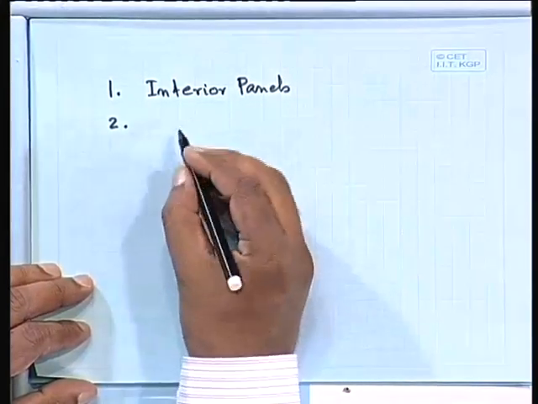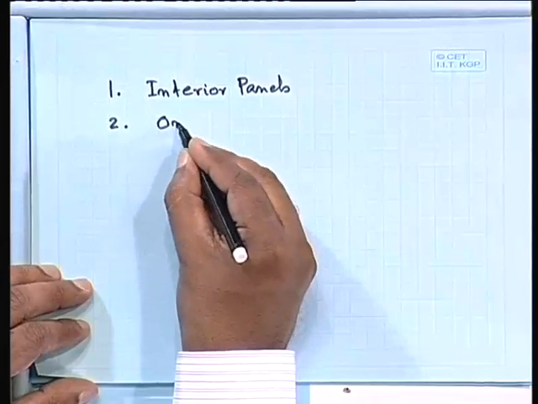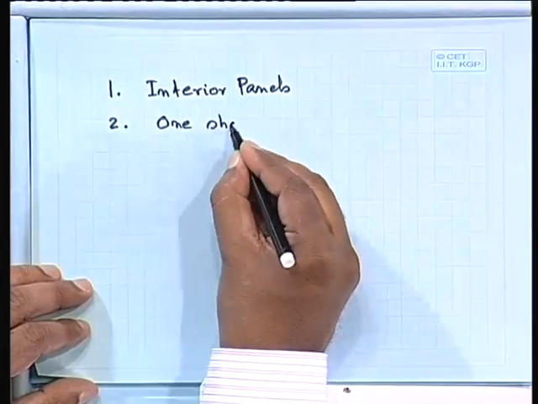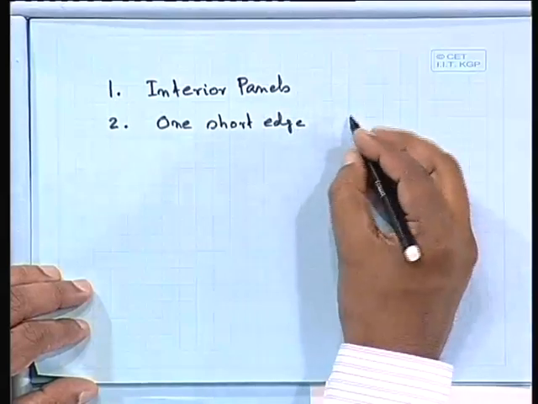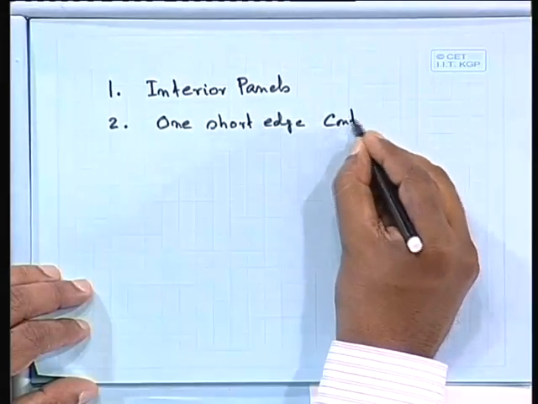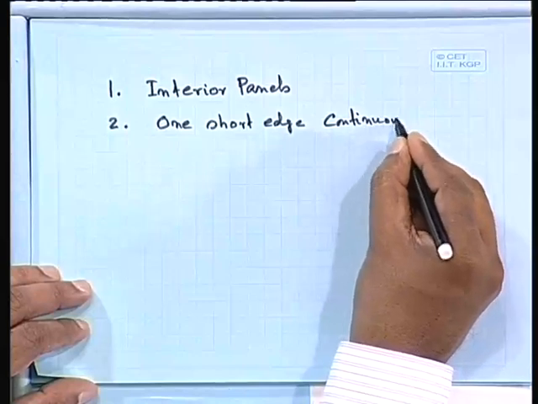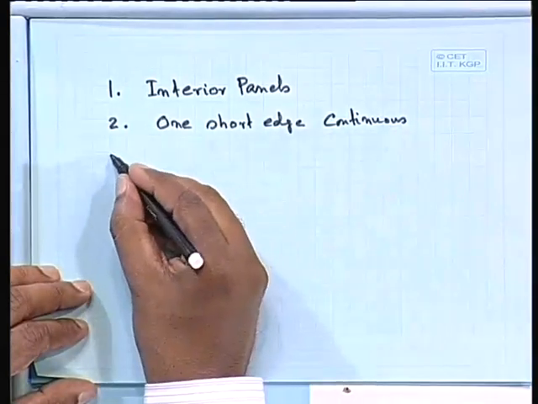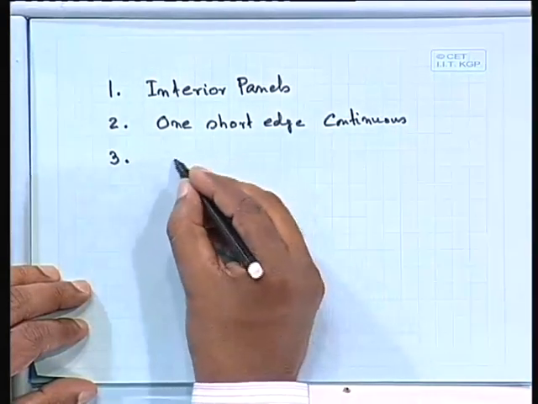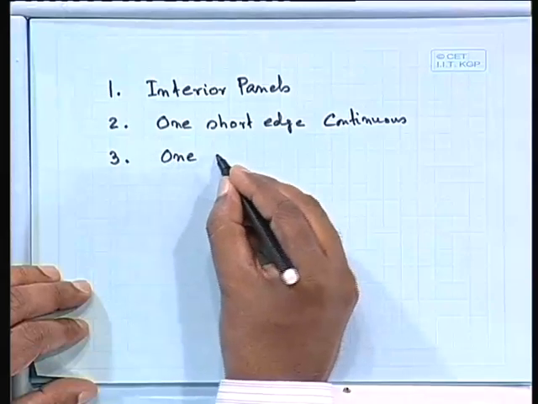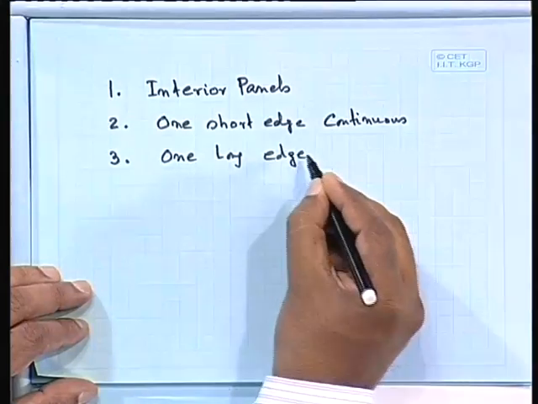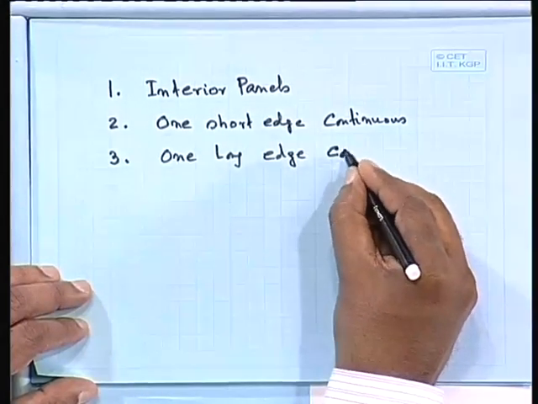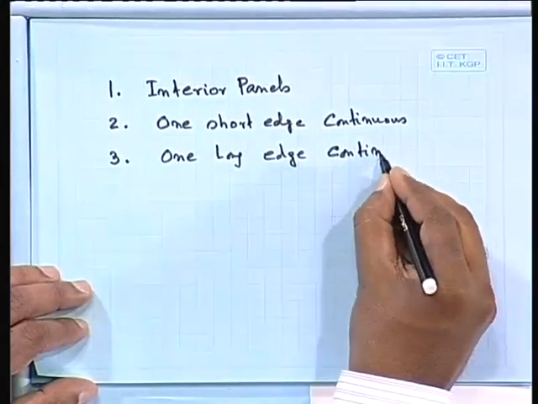Number 2, we have one short edge continuous. Number 3, one long edge continuous.